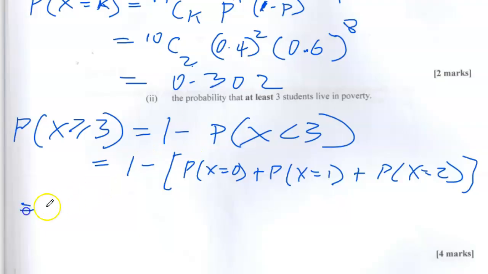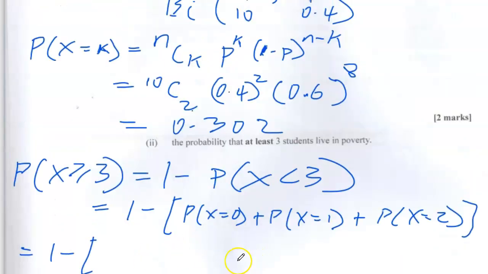So it will become 1 minus, using the same nCk formula, where n is still 10, so 10 choose 0. P is still 0.4, so 0.4 to the power 0.